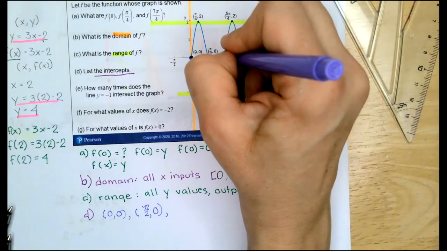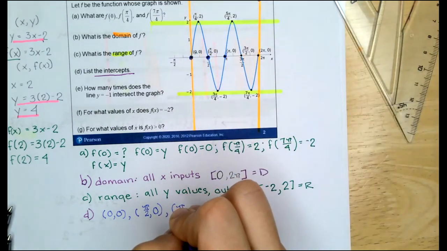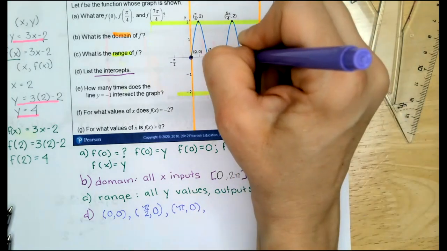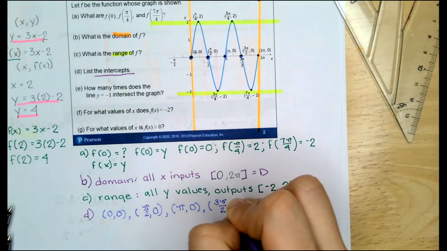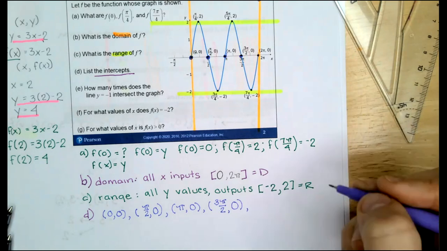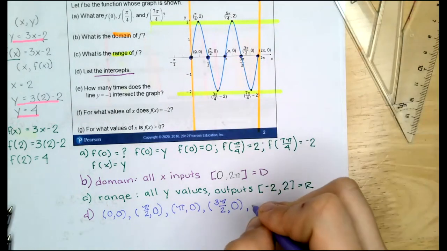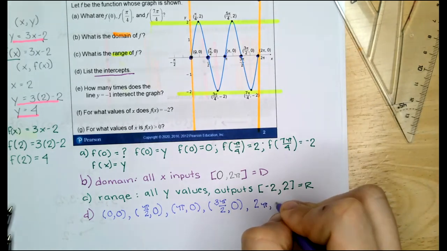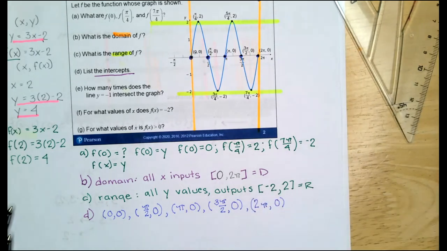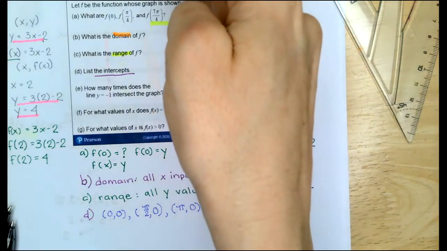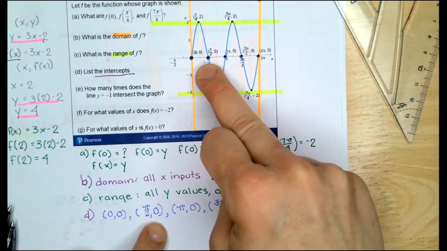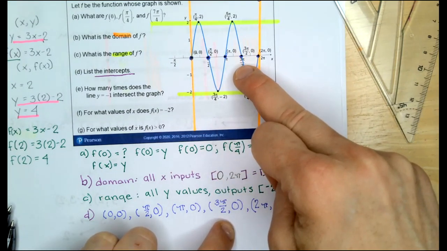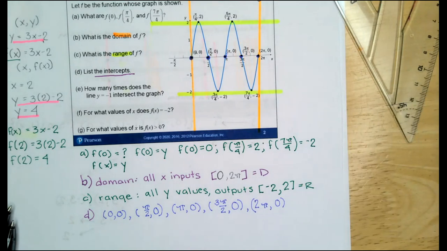Again at pi, 0. Again at 3 pi over 2, 0. And then again at 2 pi, 0. Those are your intercepts because that is where it crosses either the y, it only crosses the y at 0, 0, or the x. It crosses the x at 0, 0, pi over 2, 0, pi, 0, 3 pi over 2, 0, and 2 pi, 0. Okay, those are the intercepts.